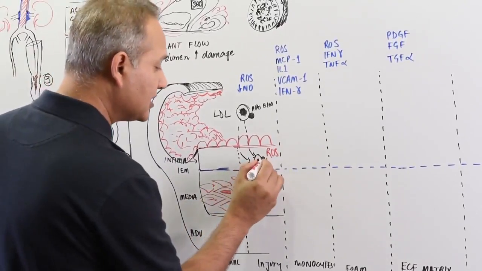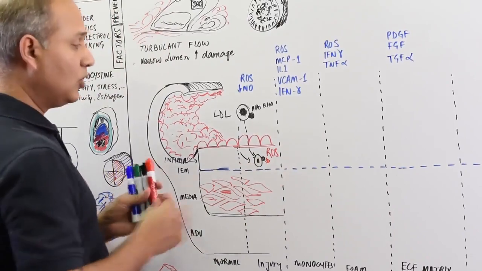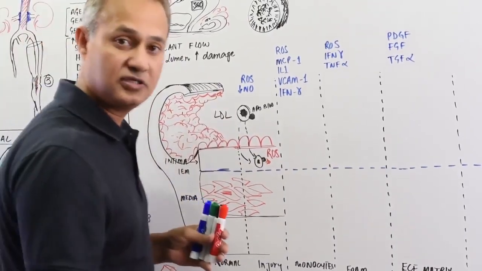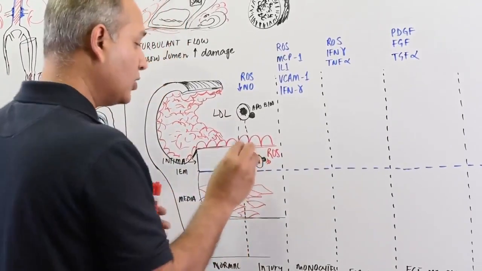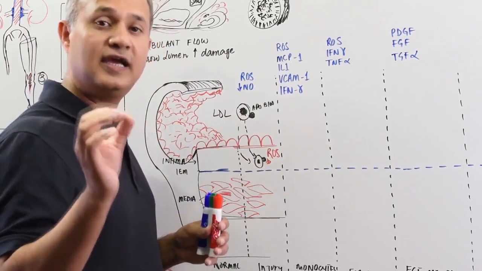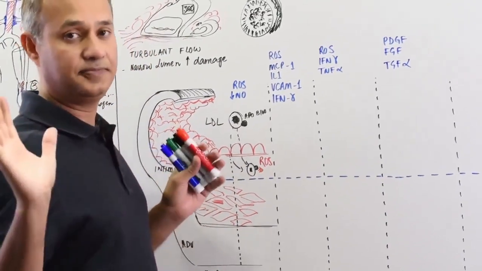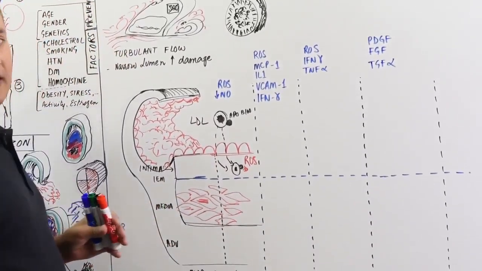What happens is this LDL becomes oxidized. So injury initiation has the reactive oxygen species working with the LDL in the intima to create oxidized LDL.